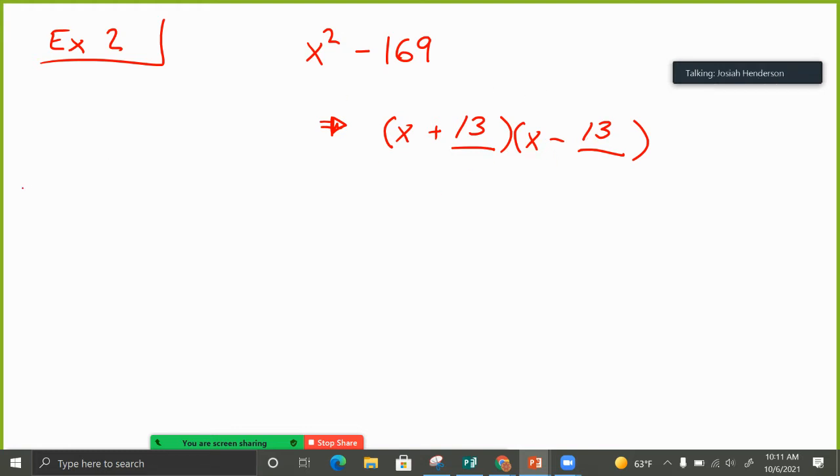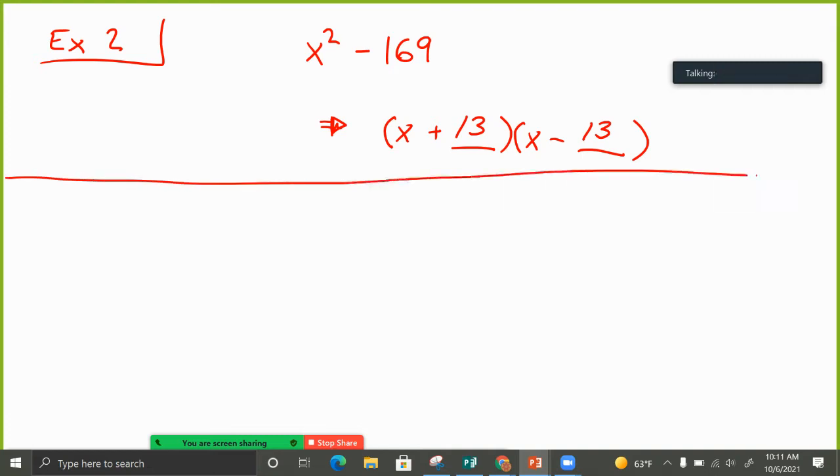If you forget about this rule, then I want you to know that you can factor it using our method, our 6 steps that we've been doing for factoring. I'm not going to do the whole thing, but I'm just going to start it to show you what it would look like. Find A, B, and C. A is 1.